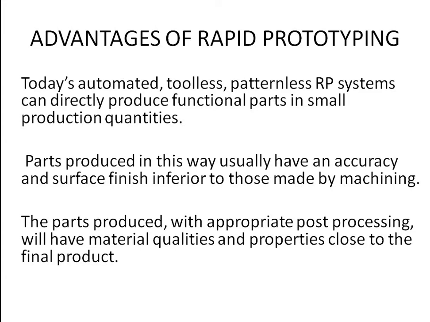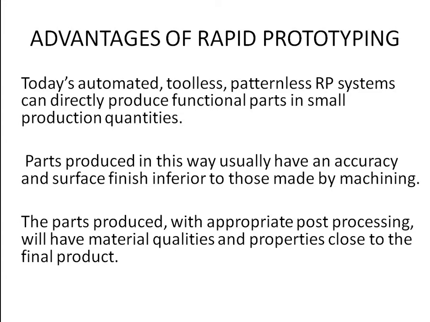Next point, parts produced in this way usually have an accuracy and surface finish inferior to those made by machining, that is the subtractive method of fabrication. But by using rapid prototyping for small quantities, the accuracy and surface finish can be comparable with machining methods.